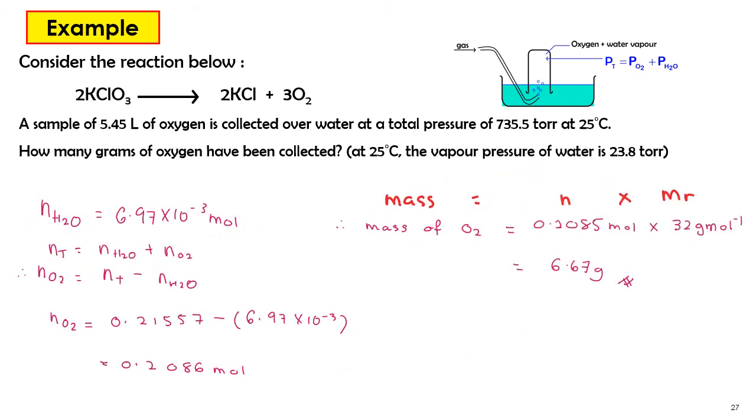And next, you can find the mole of oxygen gas from rearranging the equation. And you will get the mole of oxygen is 0.2086 mole. And then substitute into the equation to find the mass of oxygen. So the mass of oxygen is 6.67 gram.